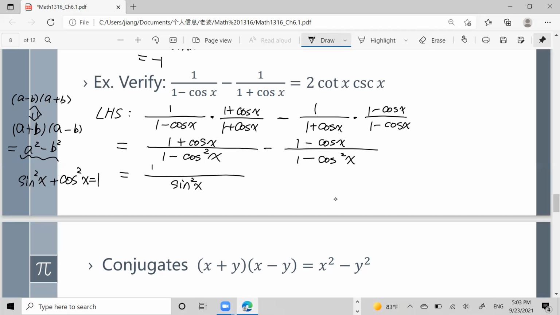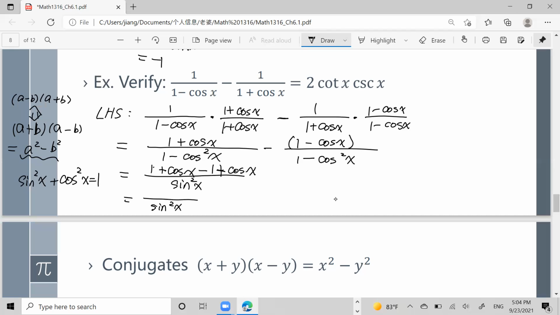The top part, 1 plus cosine x minus 1, and then here change the sign, plus cosine x. Do you know why? Because here is like a parentheses, distribute the negative sign here, it is minus 1. Distribute this one here, it is plus. So I get plus cosine x. So the bottom one is still sine x squared.